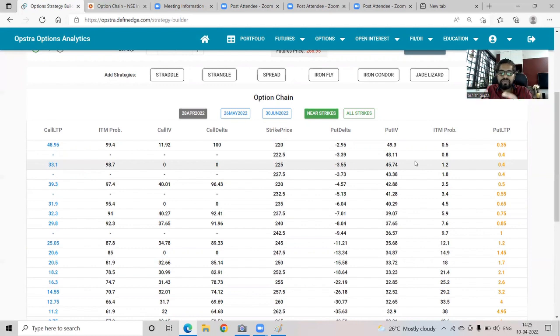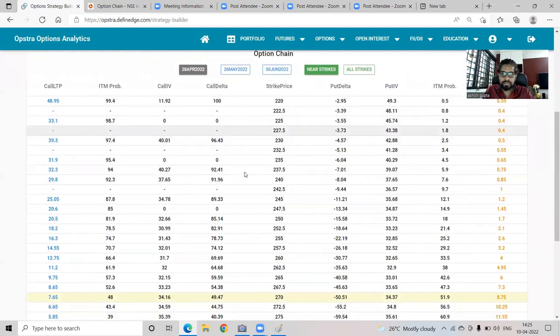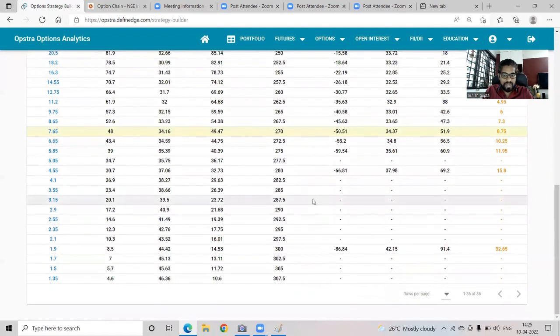Now, obviously, there are a lot of things you might want to consider while deploying ratio spreads. But one thing to look for is the skew on whichever side you are doing the trade on. So in ITC, if I want to trade this skew, I would probably look at a ratio spread.